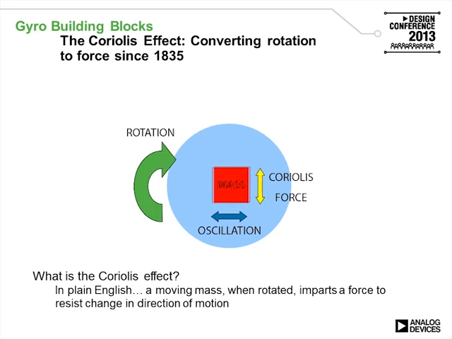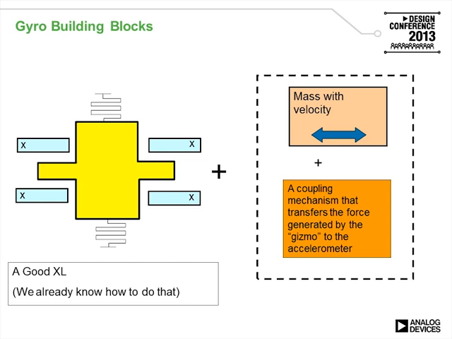So we need to somehow oscillate this mass, and then when a user in an application rotates it, we can measure that effect by measuring the Coriolis force that's exerted. So there's our gizmo that converts rotation to a force.